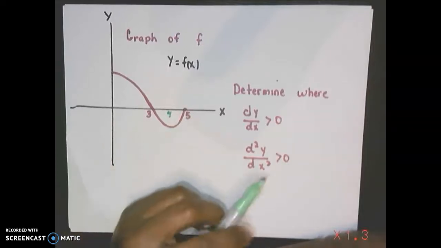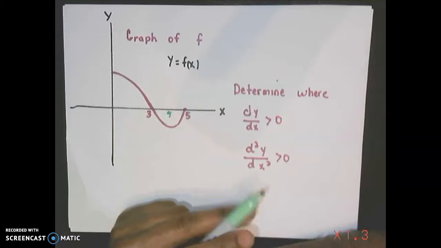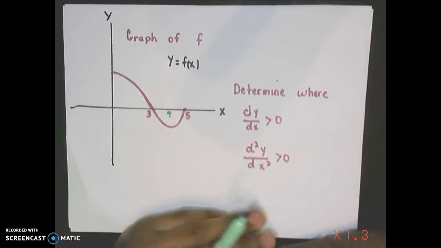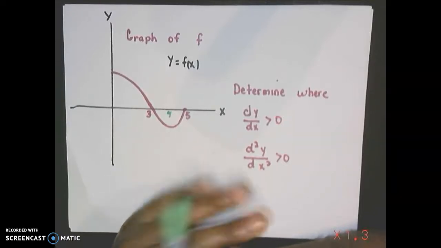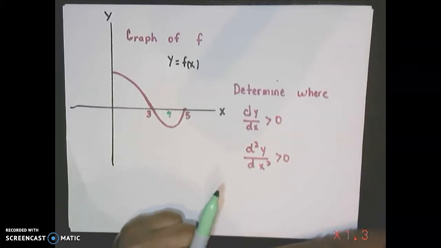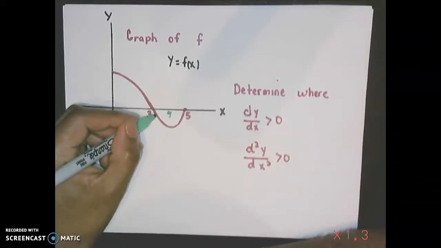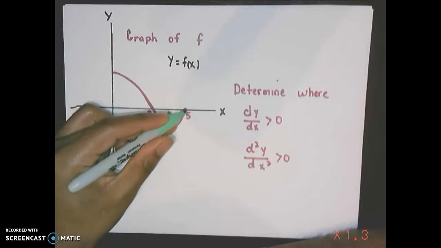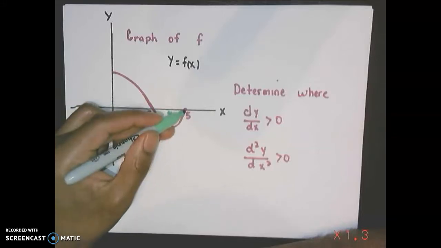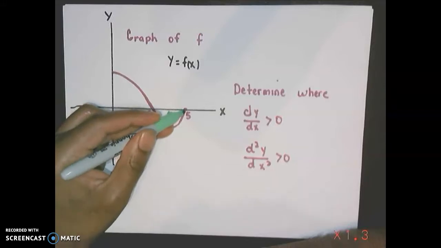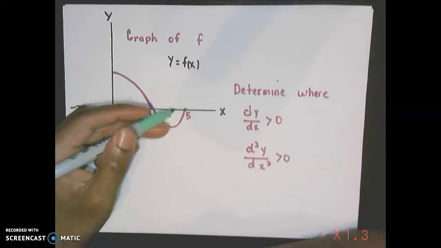And so now we just need to make sure that the graph is concaving up from 4 to 5, because if it's not concaving up from 4 to 5, then there's not going to be any solution to this. So if you can see here, the graph is actually concaving up from 3 to 5. So since it's concaving up from 3 to 5, we know that it's concaving up from 4 to 5. So that will be the answer.